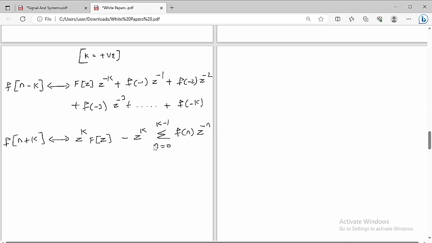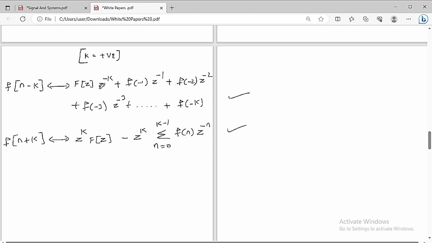That's it. If you remember these two things, then you can solve any of the unilateral z transforms. So k is positive in both the cases. These are the formulas you always have to keep in your mind. So in the case of bilateral, these extra factors won't come.